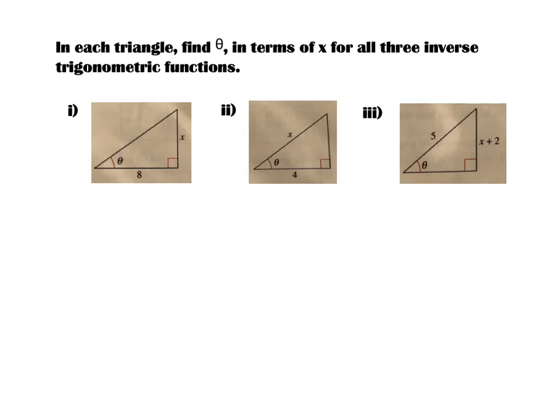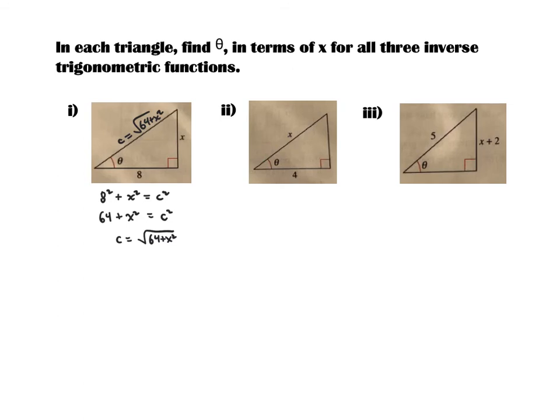So in the first one, we would take 8 squared plus x squared, and that would equal our hypotenuse, c squared. So that would be 64 plus x squared equals c squared. Therefore, c would equal the square root of 64 plus x squared.